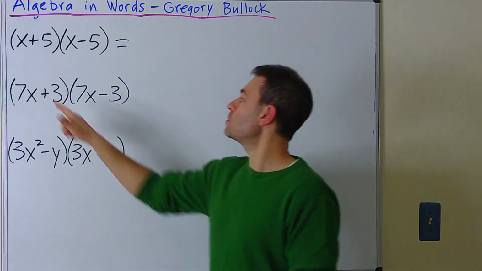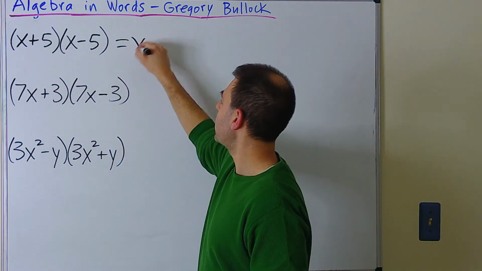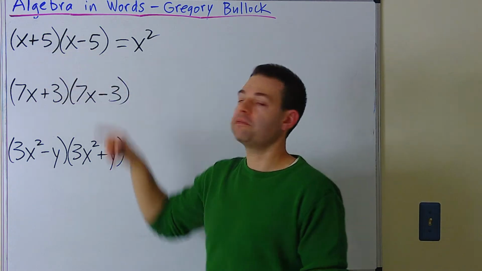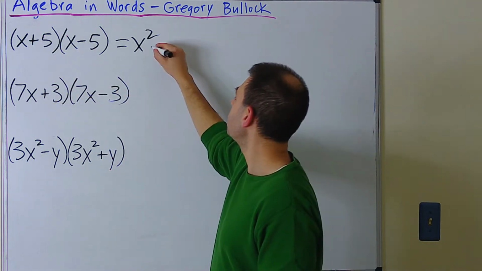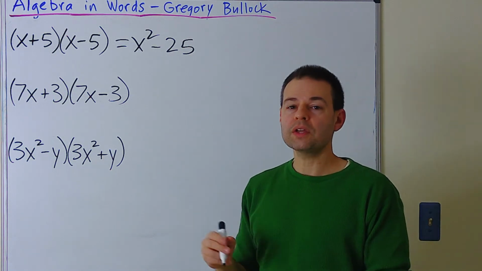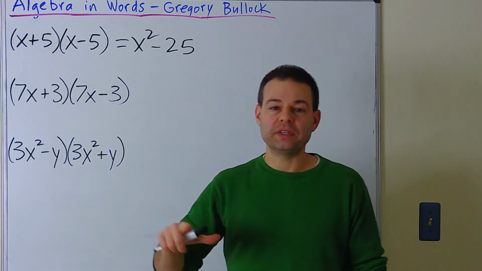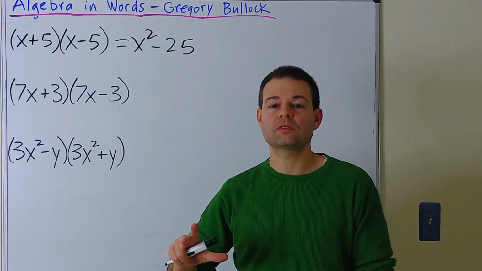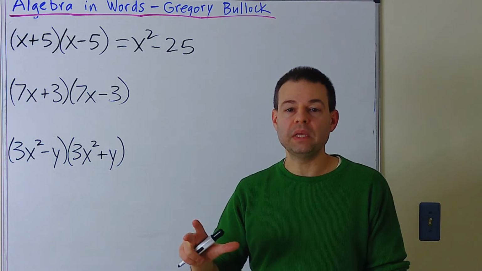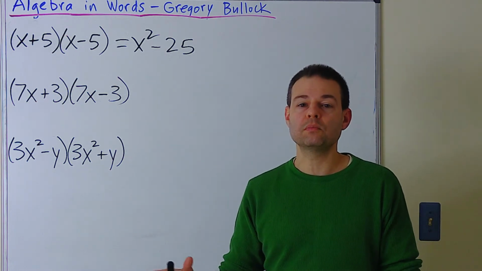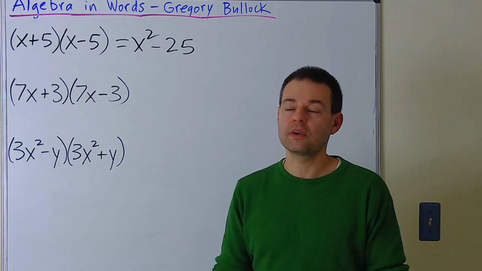Multiply the first terms, x times x, which is x squared. Multiply the last terms, 5 times negative 5 is negative 25. And we're done. I want to quickly point out what we did. This is Algebra in Words, so throughout this series I'm going to focus on the words and the meanings and the definition of everything, probably more so than your book does, more so than teachers and other videos.